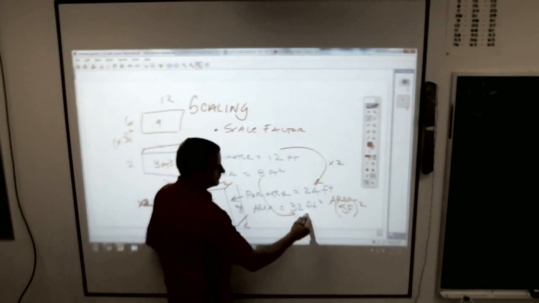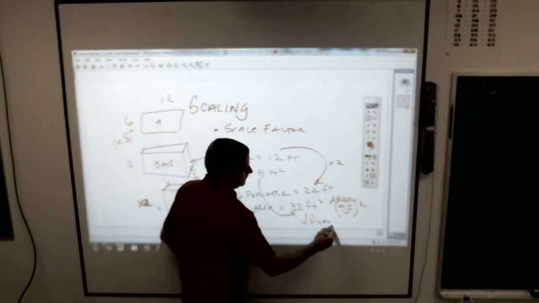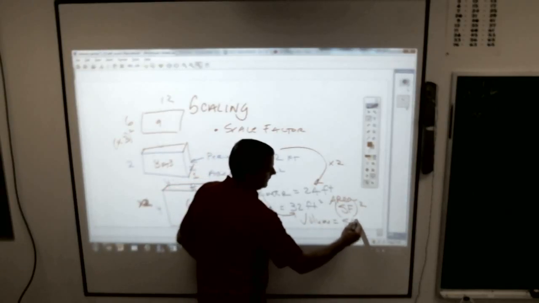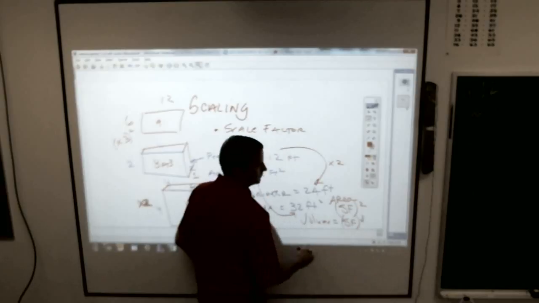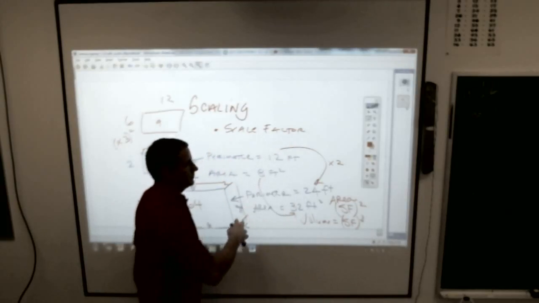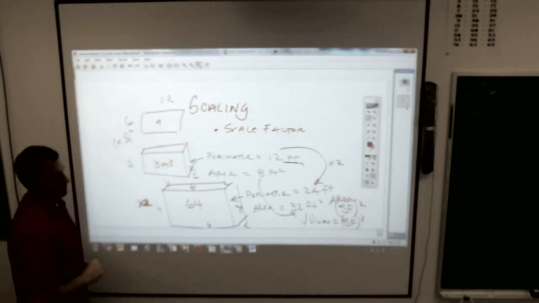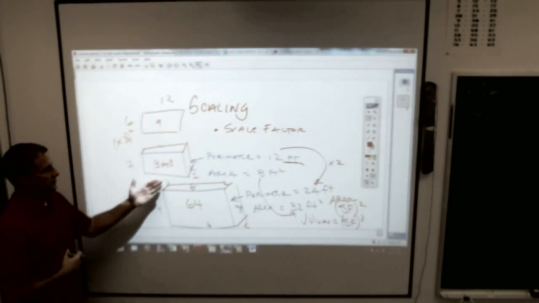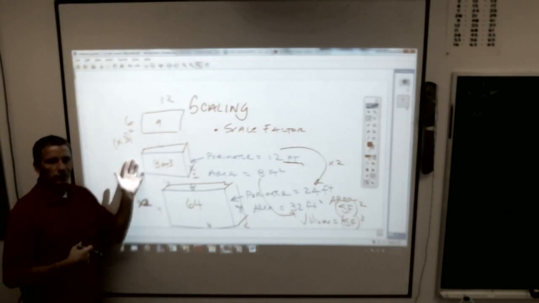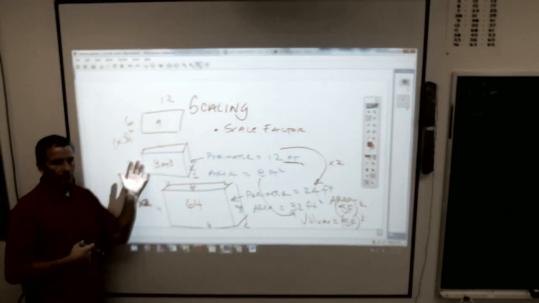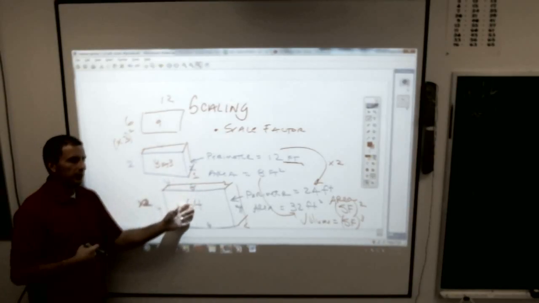So volume, ladies and gentlemen, is the scale factor cubed. Length doesn't matter because you're not multiplying the dimensions together, you add them together. Volume matters because you are multiplying.